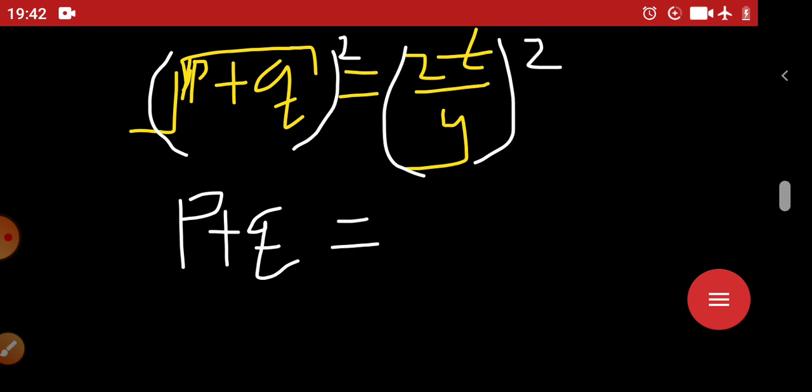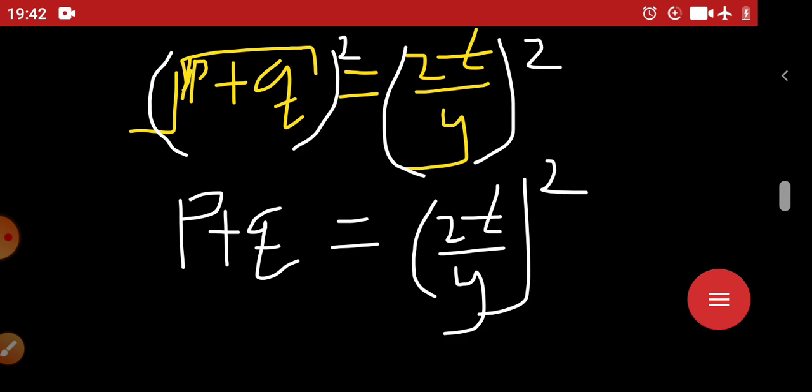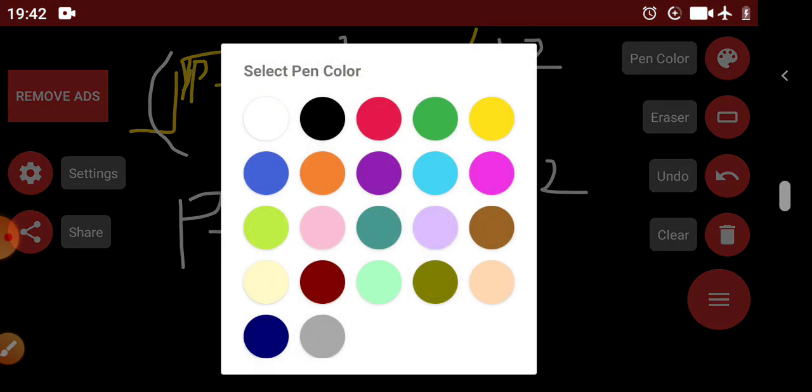Now let's not simplify it, let's just write it as it is. What do I want to make the subject of the formula? We are in D, so we want to make p the subject of the formula.